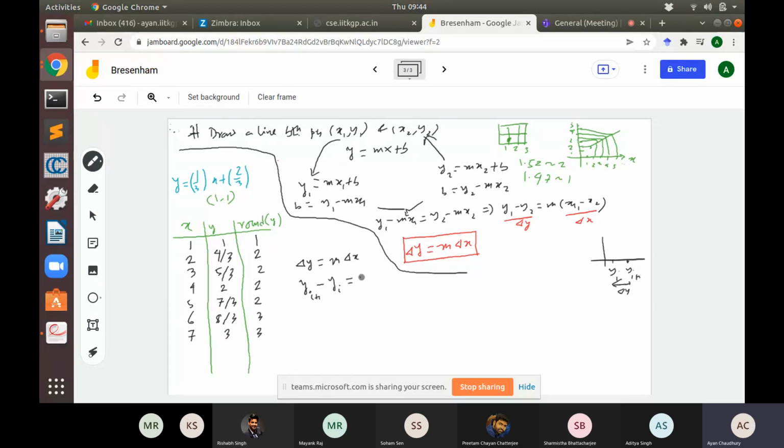It is equal to m times (xi plus 1 minus xi). Oh, sorry, I was showing it for the x value. Anyway, xi plus 1 minus xi is equal to 1, because we considered discrete pixel values here.